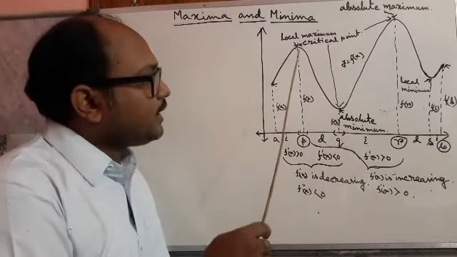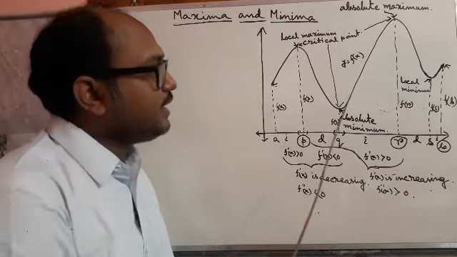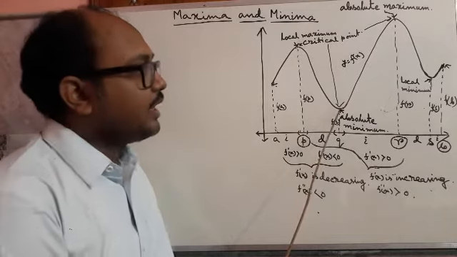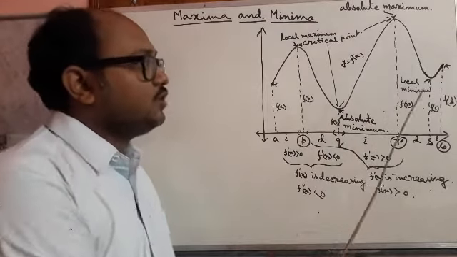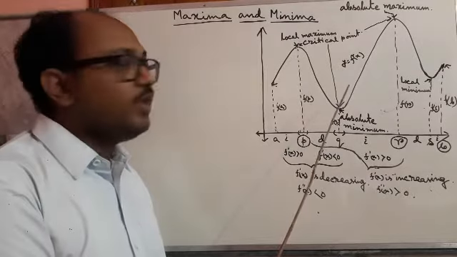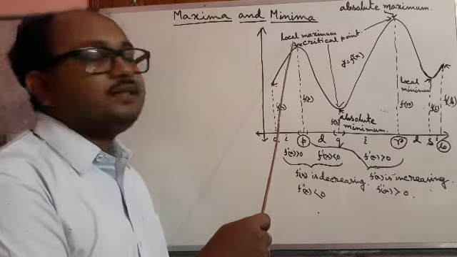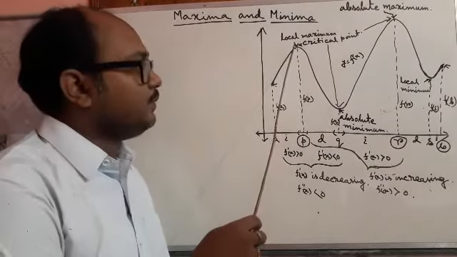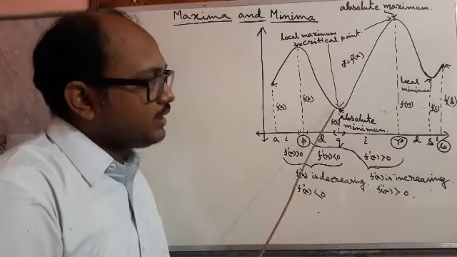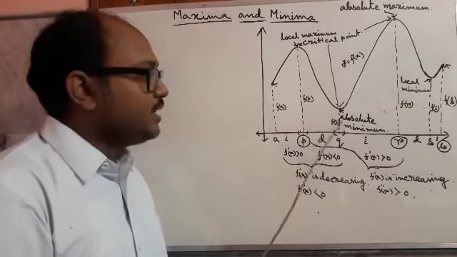After that it is decreasing, then increasing. So by decreasing it attains its minimum value, again it is increasing, then decreasing. So whenever the graph is at first increasing then decreasing, it will attain its maximum value, and if the graph is decreasing then increasing, it will attain its minimum value.